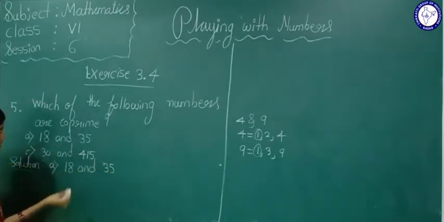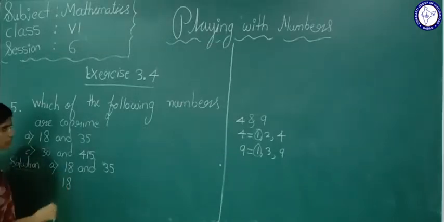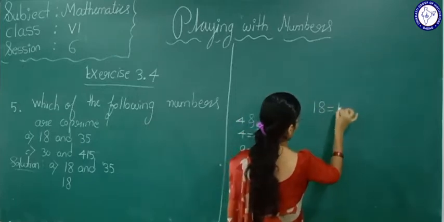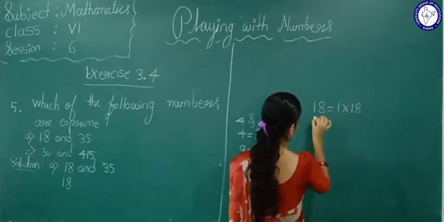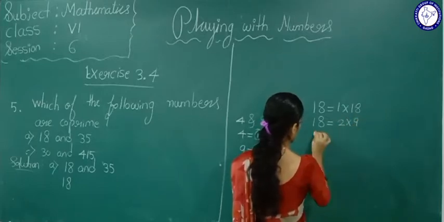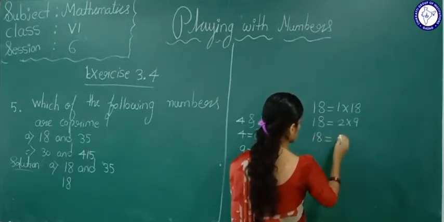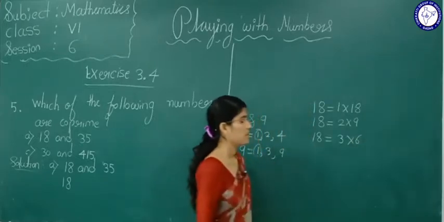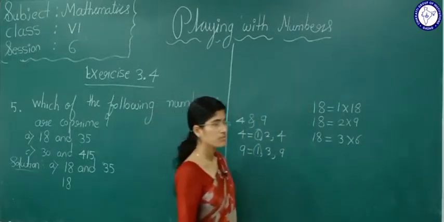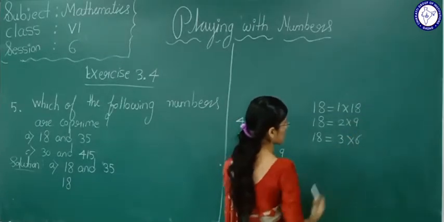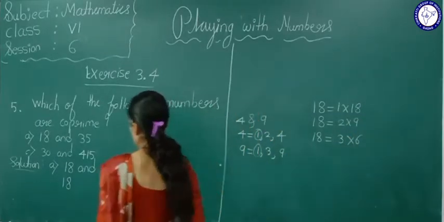So what are the factors of 18? 18 can be written as 1 18s are, 2 9s are, 3 6s are. Is there any other possible? That only you will tell reverse: 18 1s are, 9 2s are, 3 6s are. So what are the factors of 18?